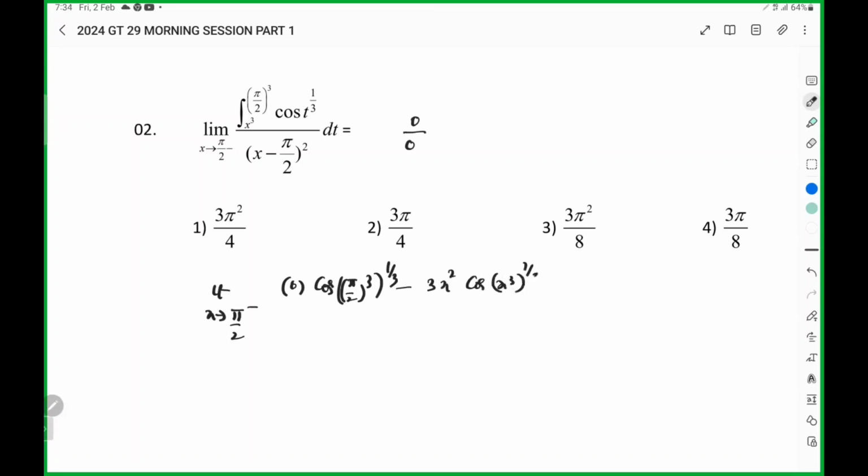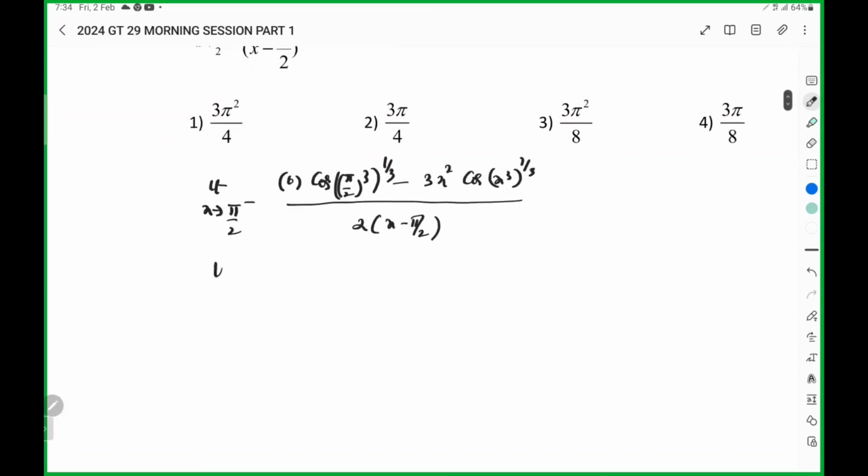This is the derivative of a definite integral 2 times x minus pi by 2, which is limit x extends to pi by 2 of 3x square cos x by 2 times cos of 2 times x minus pi by 2.